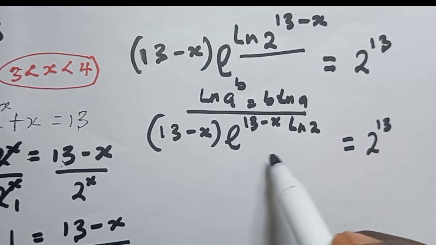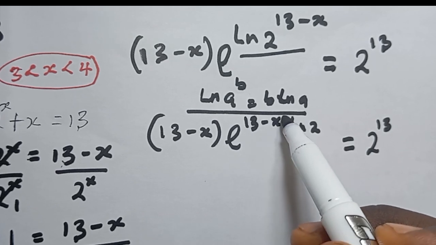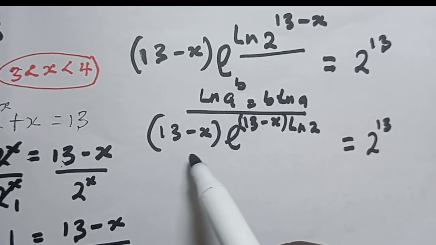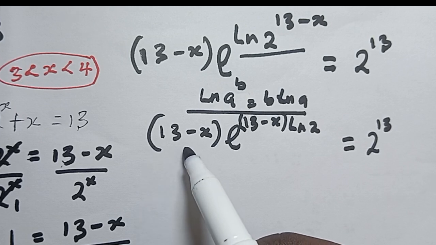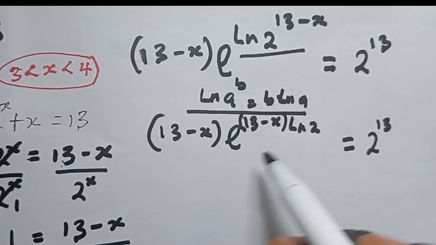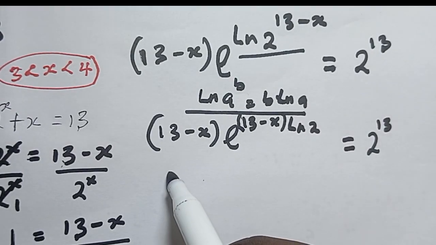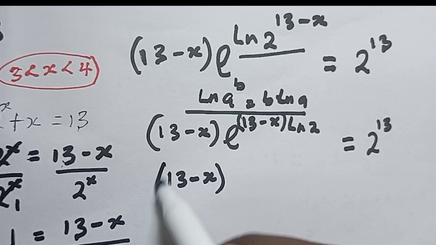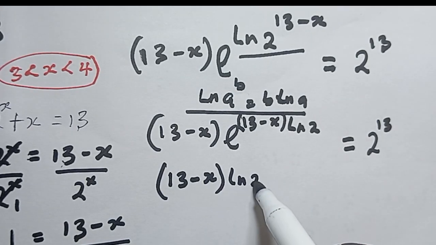Moving on, you can see that what I have at the exponent here is now different from what I have at the base here. In order for them to be the same, I'm going to multiply through by this natural log of 2. If I do that, I'm going to have 13 minus x multiplied by this natural log of 2.